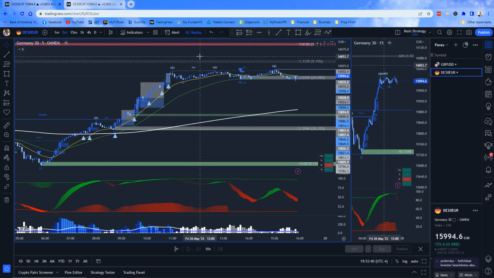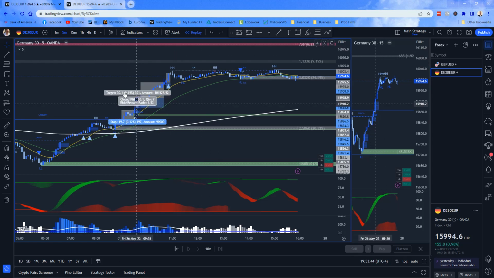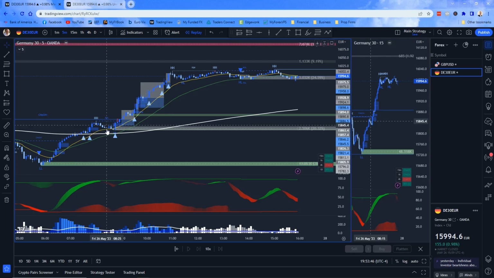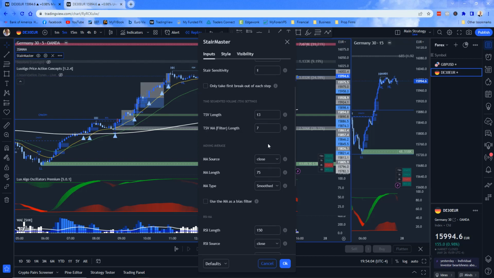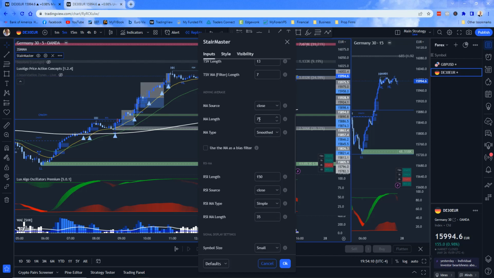As far as what I use, I'll give you a quick rundown. On my main window I have two basic indicators, well, three in total. The first one is obviously Stairmaster. All my settings are based on Christie, the way you're going to find in the backtesting. I set the MA length to 75.